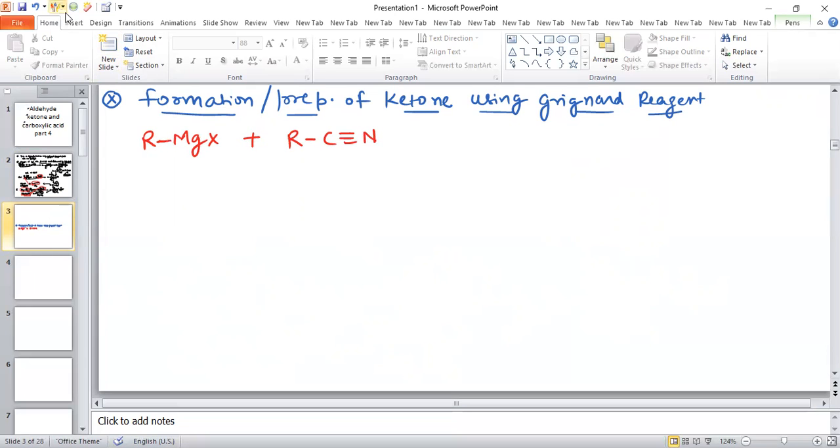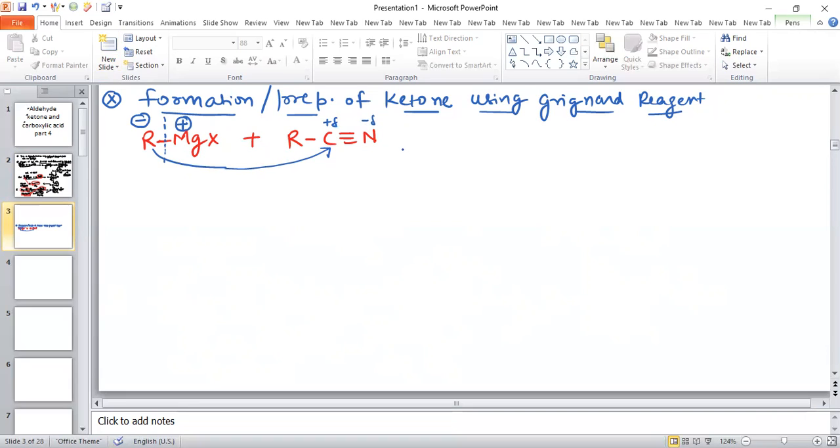As you can see there, this is RMgX, so this is R minus, this is Mg positive. What happens in this case, you can easily identify: this nitrogen is more electronegative and this carbon is more electropositive. So this R minus will attack on the electrophilic carbon.